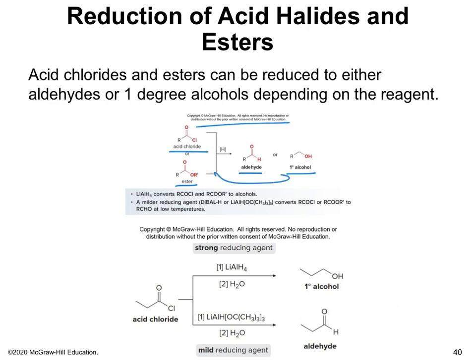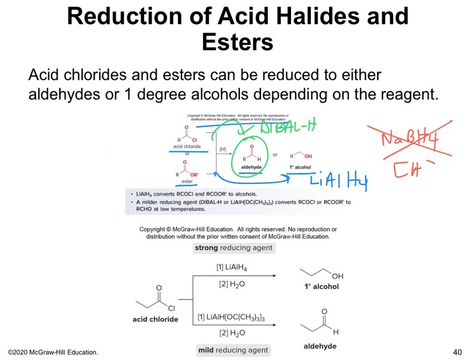If they go to primary alcohols, it's usually something heavy like lithium aluminum hydride. If you want to go to the aldehyde, you're going to have to use DIBAL-H. Sodium borohydride will not reduce the esters, and that's what they're talking about here.